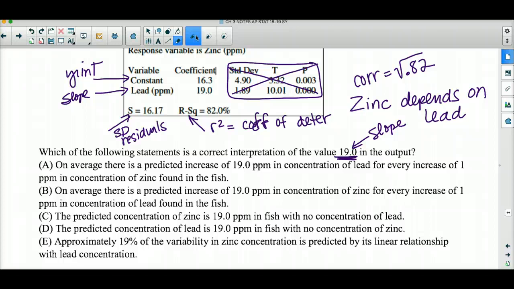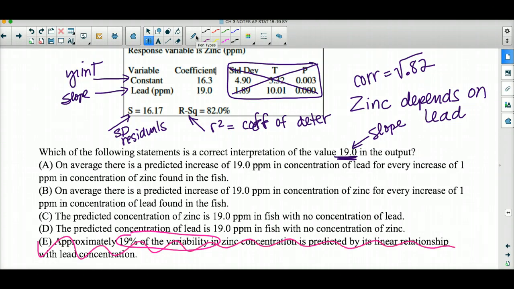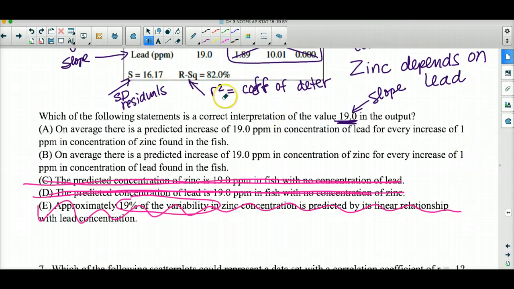So when I read these, this is the variability. That's interpreting R squared. Predicted concentration of lead is this when there's no concentrate. This is y-intercept stuff. So it's definitely A or B. And what the slope says is as the lead increases by 1 unit, the zinc will increase by 19.